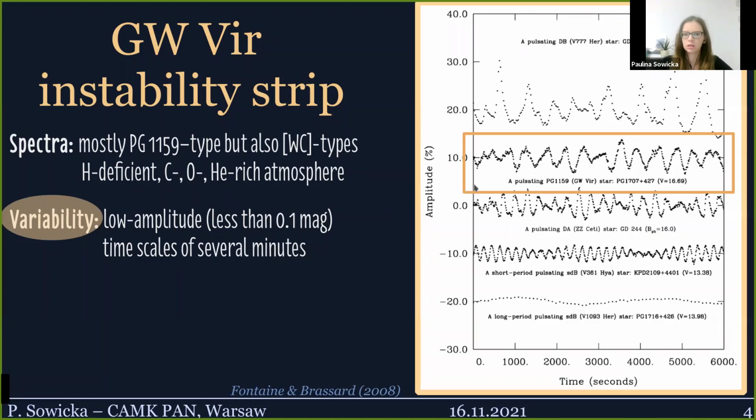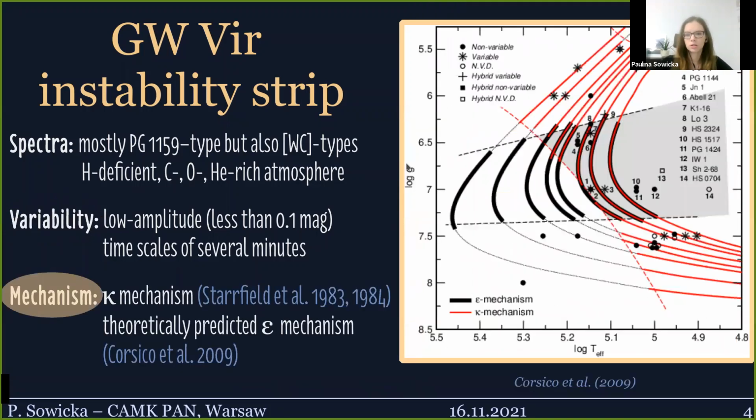So you can see in this marked light curve, comparing to the other variable white dwarfs. This variability is mostly due to a kappa mechanism that is associated with the partial ionization of K-shell electrons of carbon and oxygen in the envelopes of these stars.